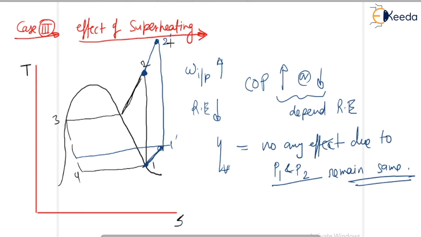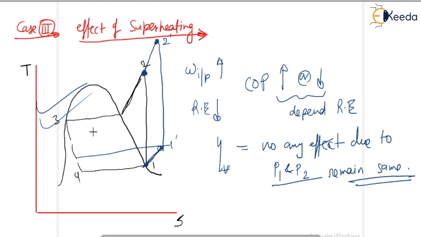So these are the effects, and by these effects the value of COP is going to increase or decrease. These values are analyzed by this curve. By using this curve and analyzing it, we can easily estimate whether our refrigeration effect is going to increase or decrease, or whether our work input is going to increase or decrease.